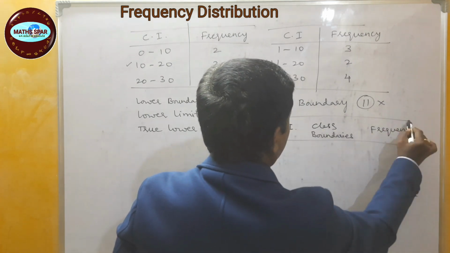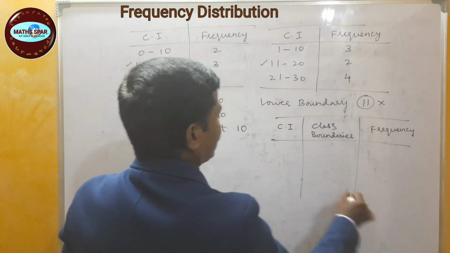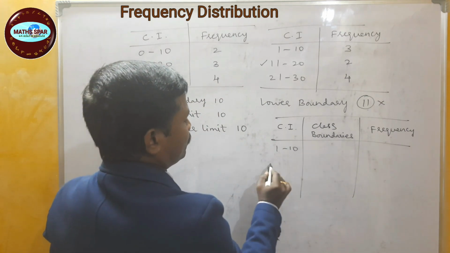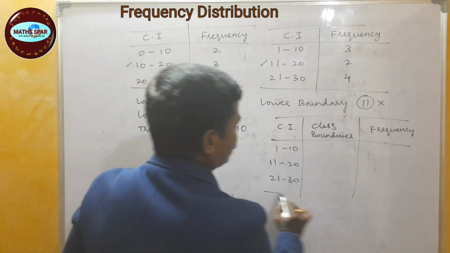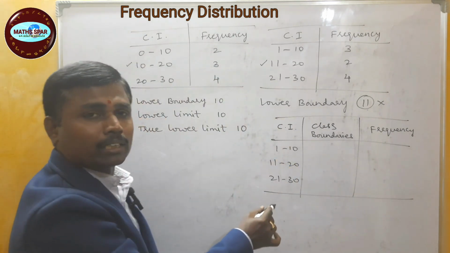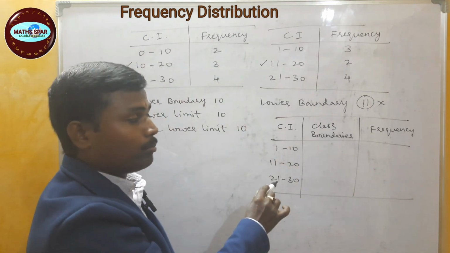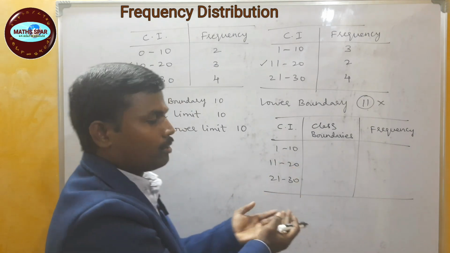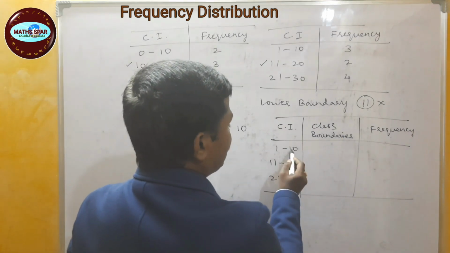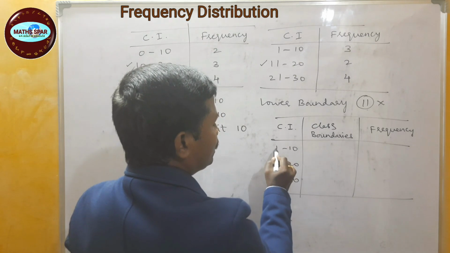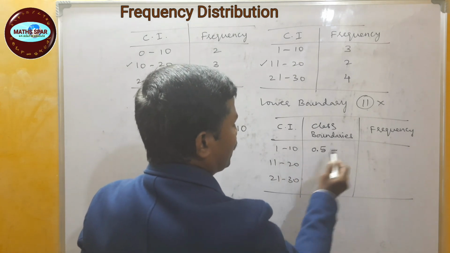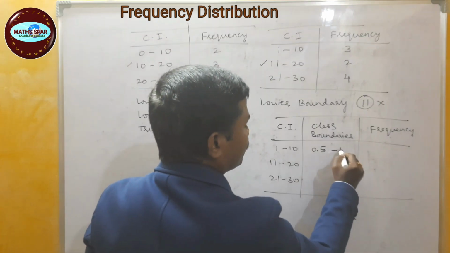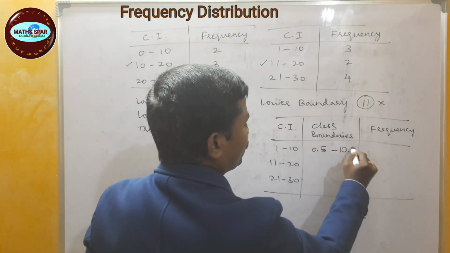Now here, 1 to 10, 11 to 20, 21 to 30, you can correct these class intervals from inclusive form to exclusive form. When you write class boundaries, how do you make it exclusive? You reduce the lower limit by 0.5 and increase the upper limit by 0.5.